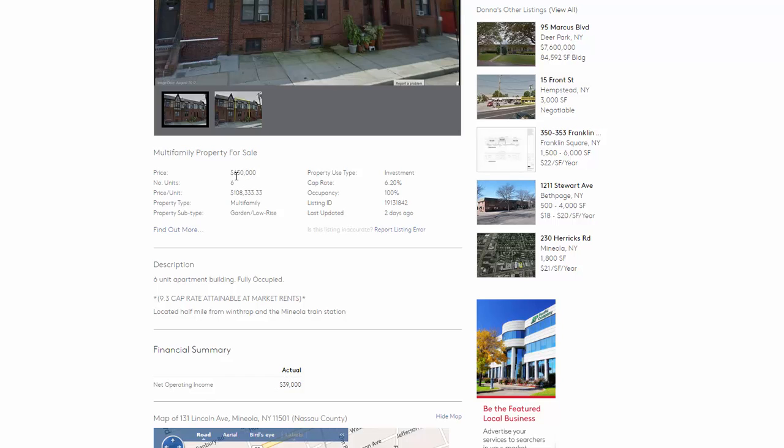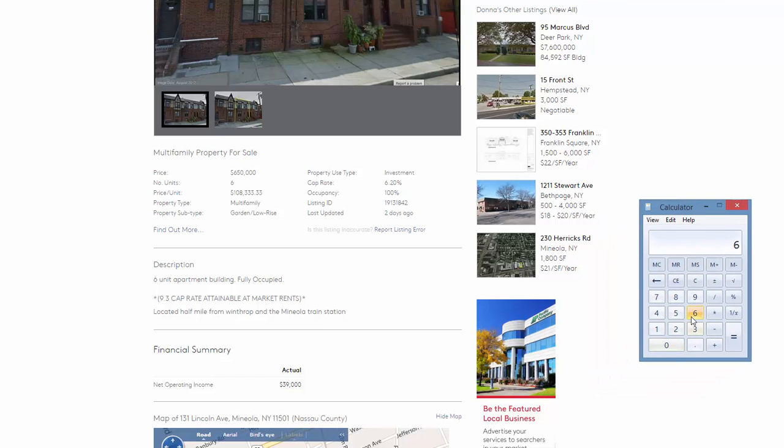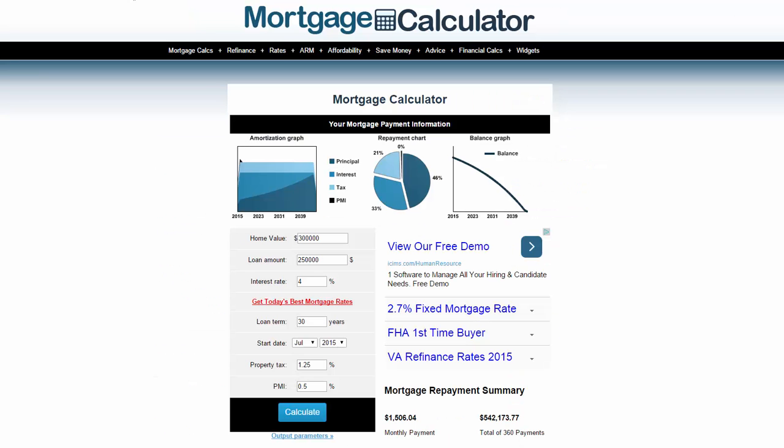So say basically it's 650, and you're going to have to put 25% down. So 162,500 down. This is just some mortgage calculator.